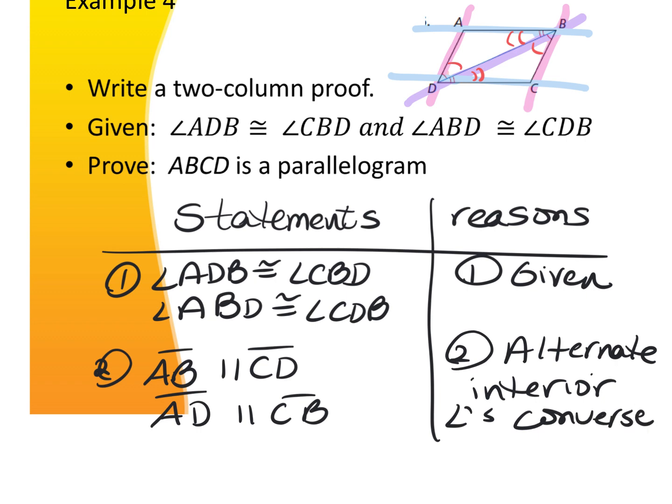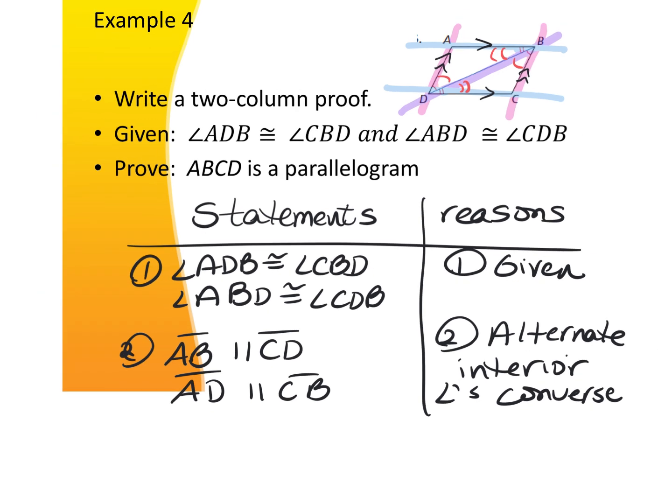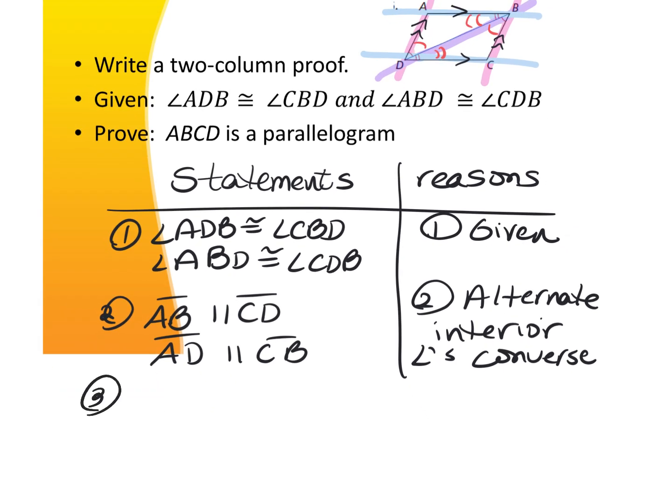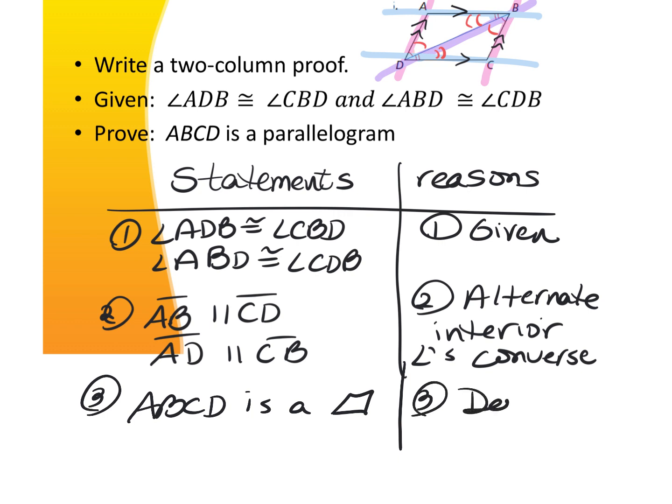Remember, the converse of all these special angle pairs proved that the lines were parallel. So now that I can add in parallel marks to my sides, I've got 2 pairs of opposite sides that are parallel, which is the definition. So now I can state what I was trying to prove, that ABCD is a parallelogram, and the reason is the definition of a parallelogram.